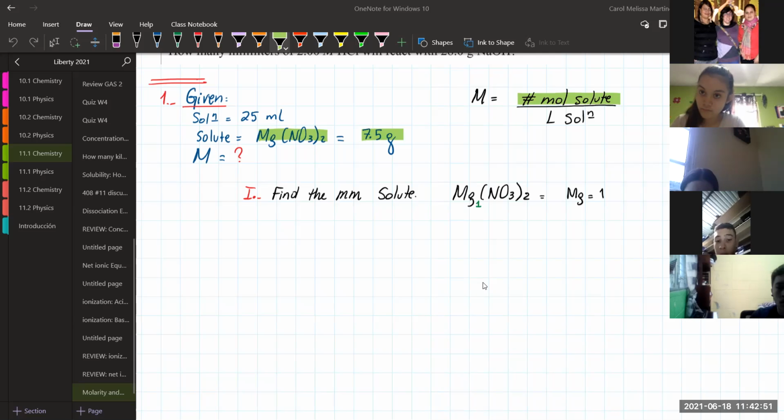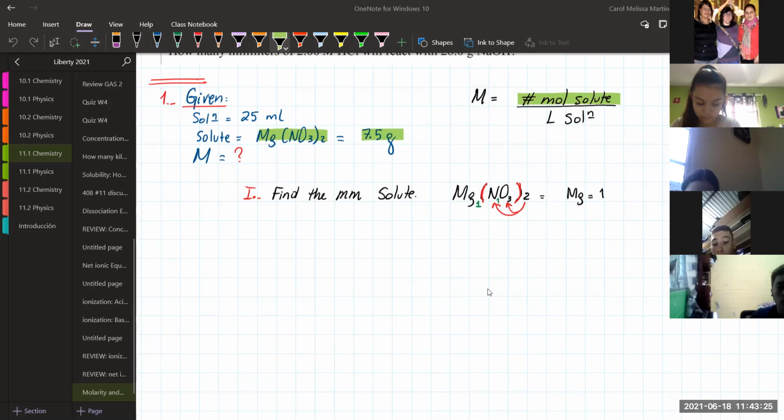So here, this 2 outside will multiply oxygen and nitrogen. For nitrogen, as you can see, we don't have any subscript, which means that I also have an invisible 1 nitrogen inside the parentheses, and oxygen, I just have 3. So we say magnesium has 1 atom.